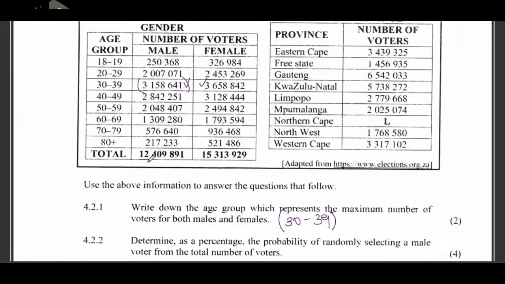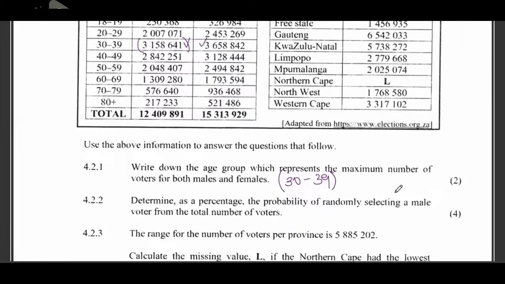Okay, determine as a percentage probability of randomly selecting a male voter from the total number of voters. So what you're going to do first and foremost, find out the total number of voters. So total number of voters, we shall add them up.